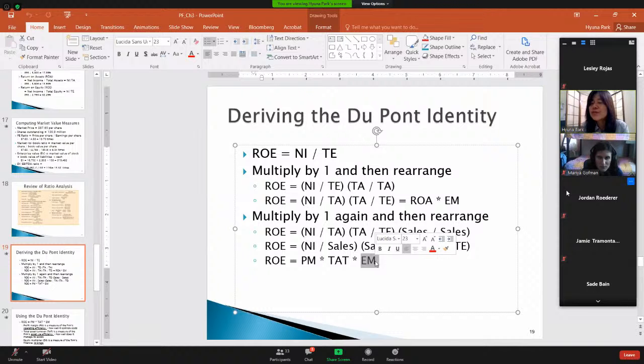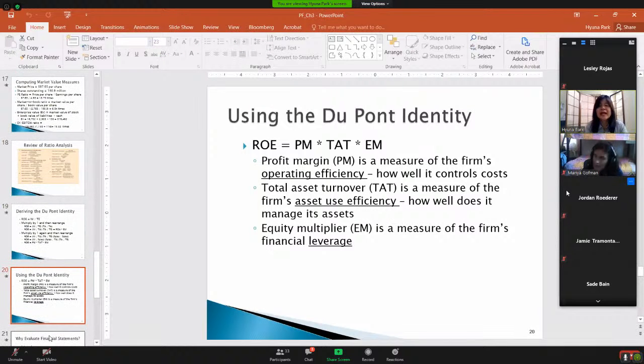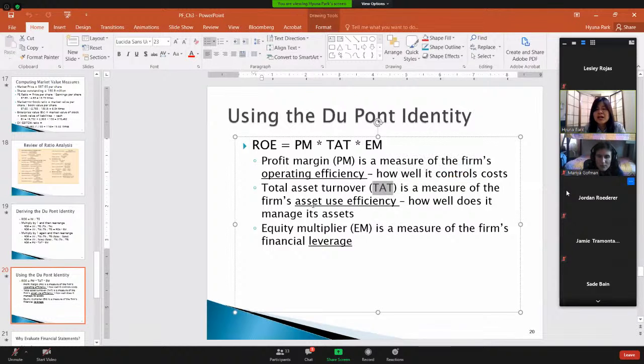Any questions so far? No? All right. So the next slide summarizes what I just explained to you. Profit margin is a measure of the company's operating efficiency. Total asset turnover is the company's asset use efficiency.